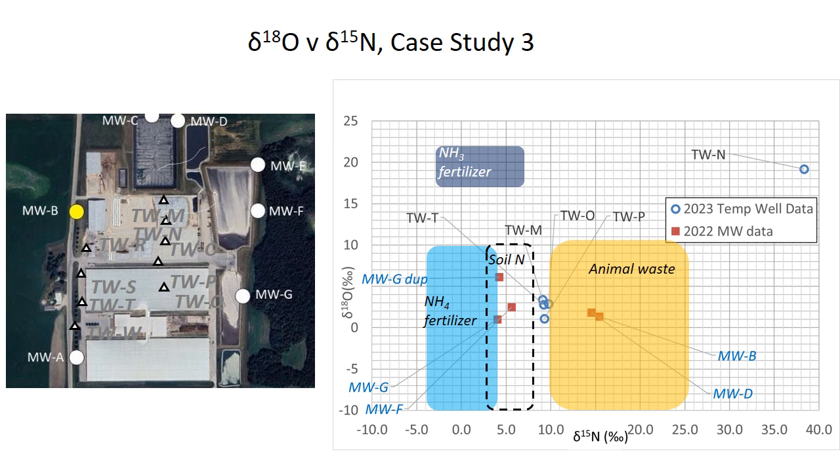This one up here, which is kind of upgradient, and MWD, which is kind of odd. You can see N, which is down there in the middle of the site, looks like it's denitrified. But all in all, it doesn't look like MWF or G is related to animal waste.